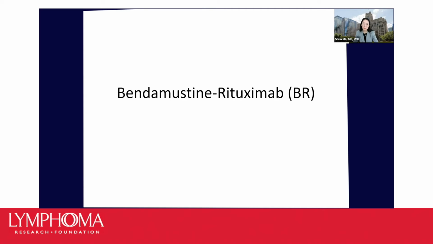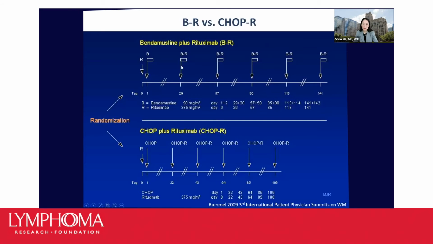Another chemotherapy which is gaining more favor in recent years is the bendamustine rituximab combination. As I mentioned, bendamustine is an alkylating agent chemotherapy, and rituximab is an immunotherapy. This particular immunochemotherapy combination has been studied in a large randomized phase 3 clinical trial.